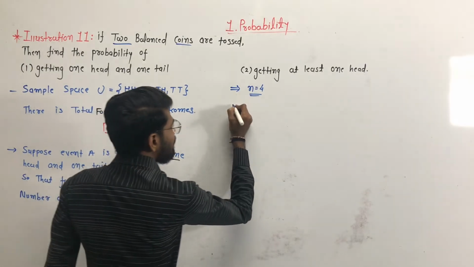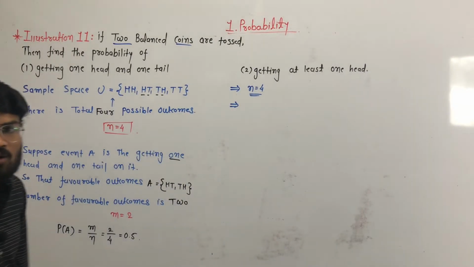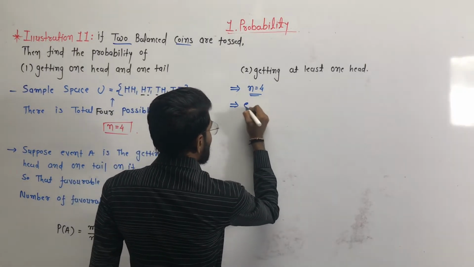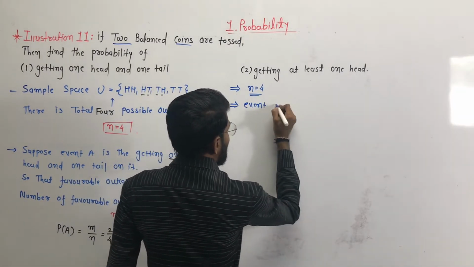Now we have to find the number of favorable outcomes.